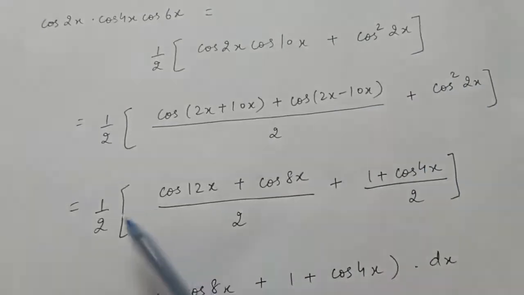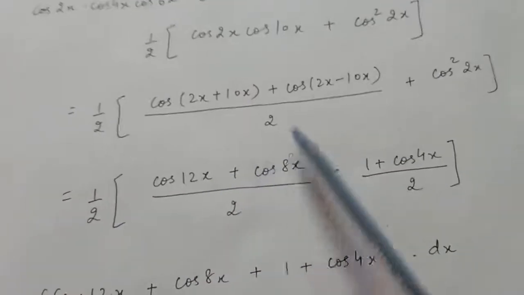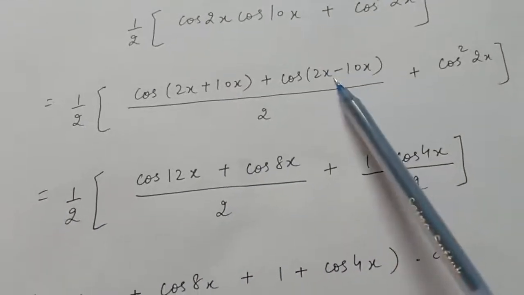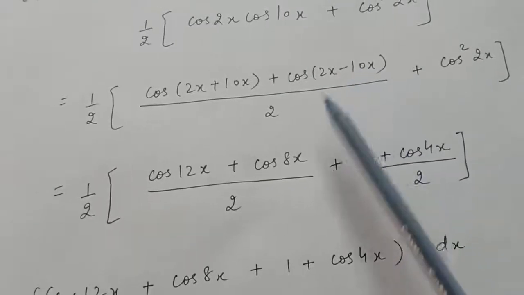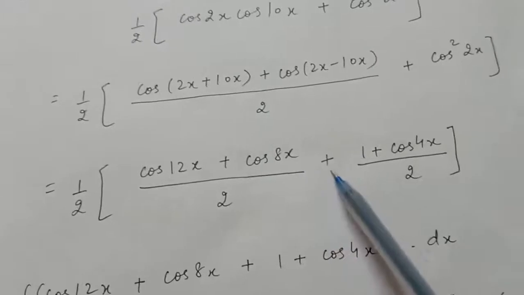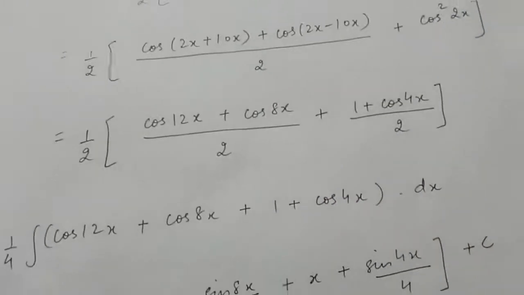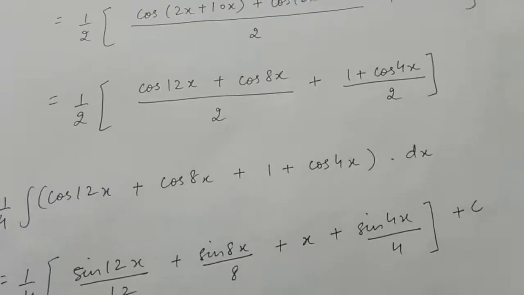Now you will get 1 by 2 into cos 12x plus cos minus 8x, but cos minus 8x will be cos 8x only, right, upon 2 plus also you know that cos square 2x is 1 plus cos 4x by 2, right?